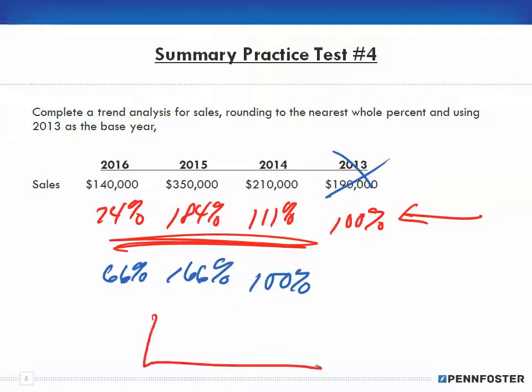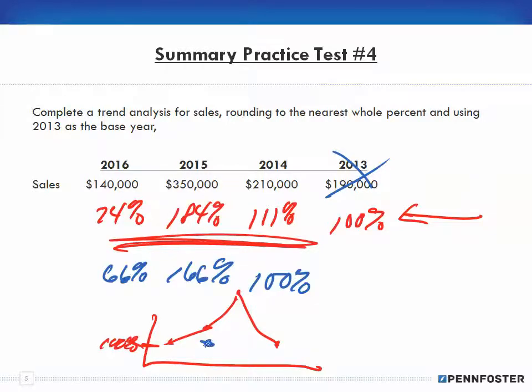However, if you were plotting these on the graphs, you would plot a whole different picture. Remember, this here was 100%. Notice that 2014 is at 100%.